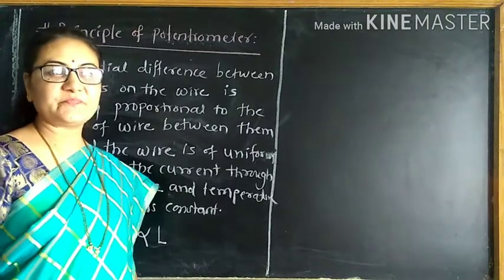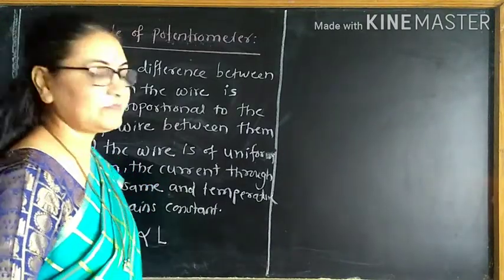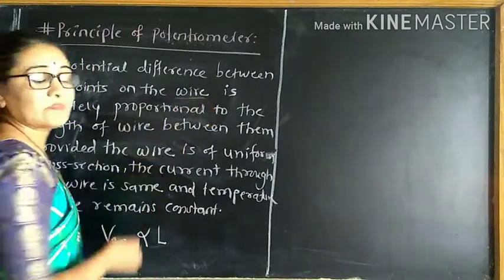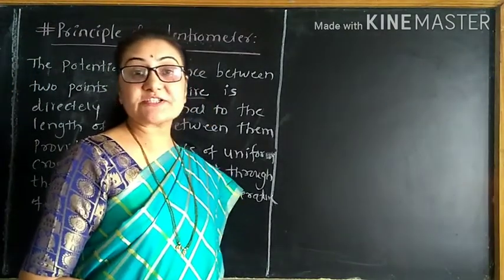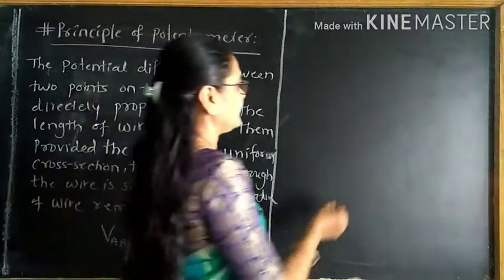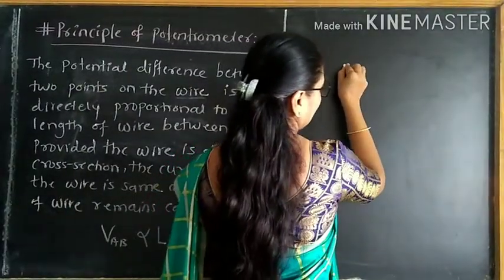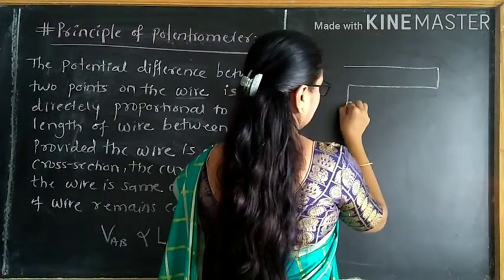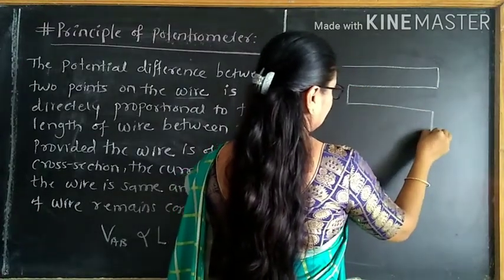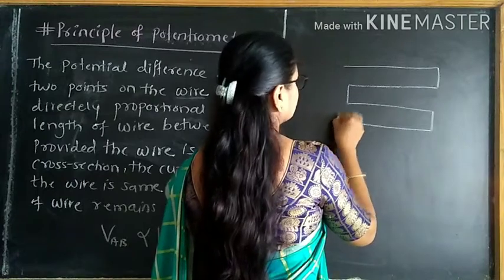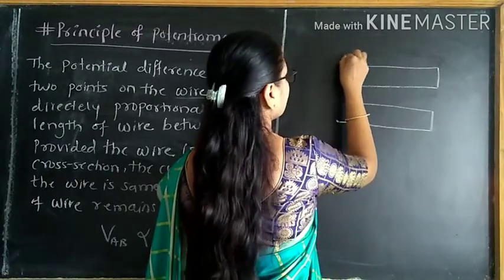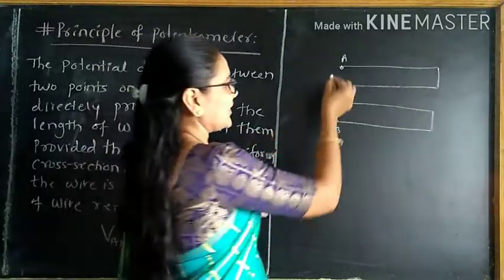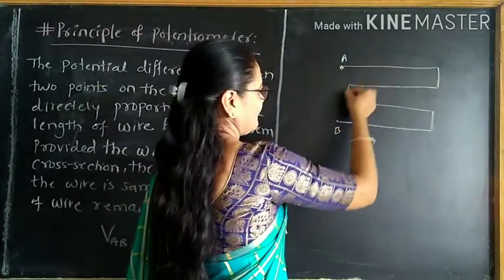Now, let us draw the potentiometer. For the same, first let me take a wire of uniform cross-sectional area A. Suppose AB is the wire. It is a very long wire, but let me draw it in this folded form.